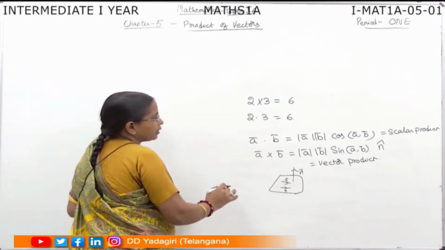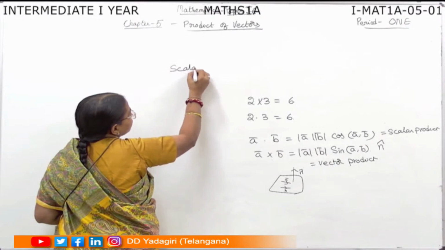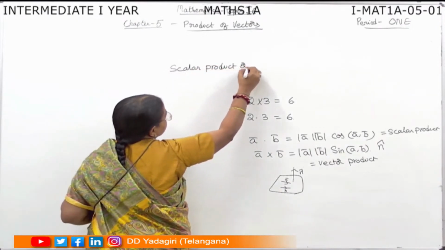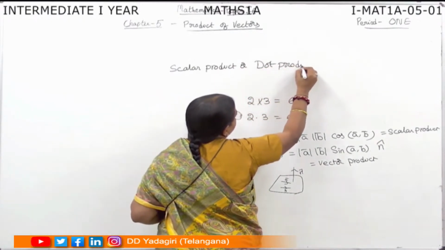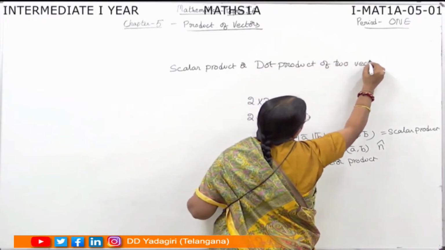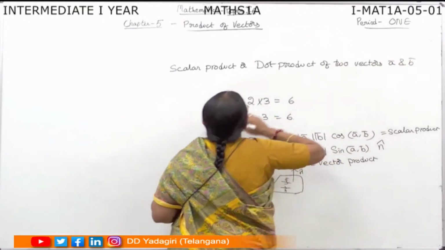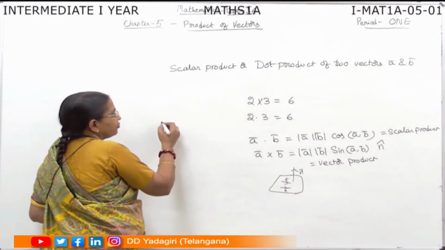In this chapter, you will study about the scalar product or dot product of two vectors A and B. And then next you will learn about the vector product of two vectors.